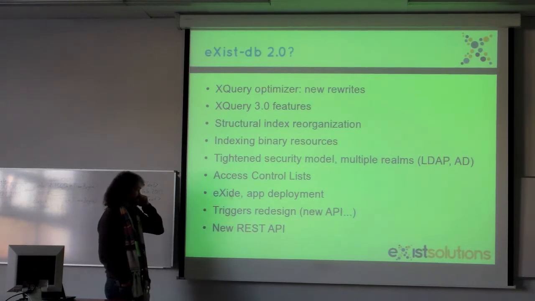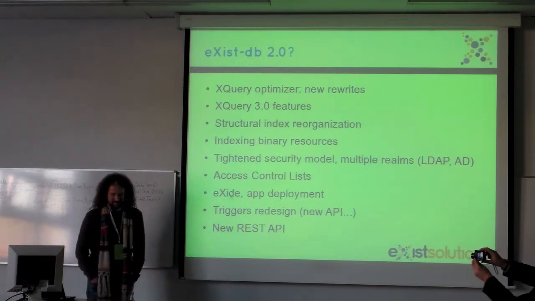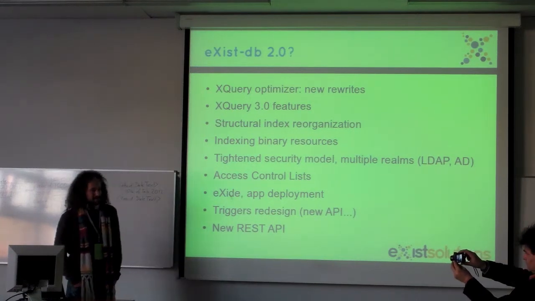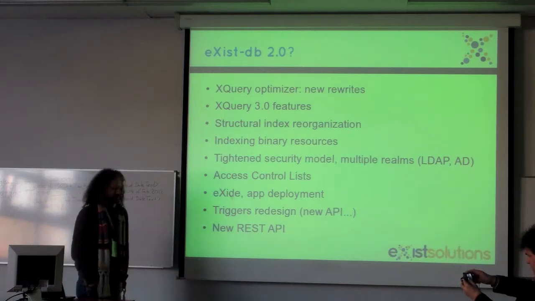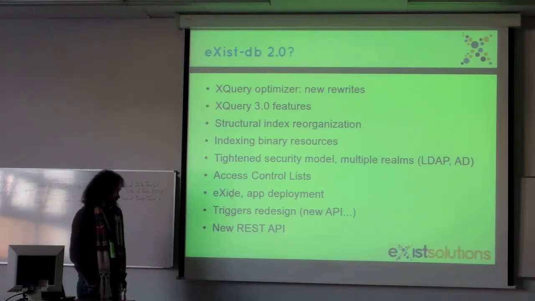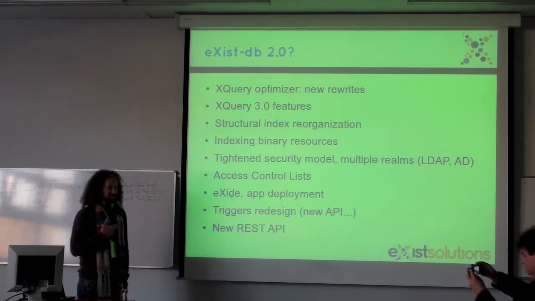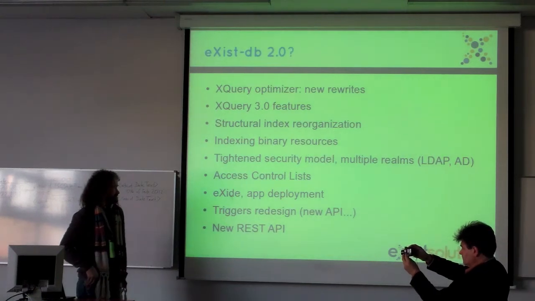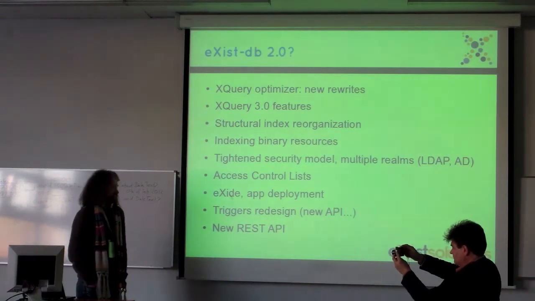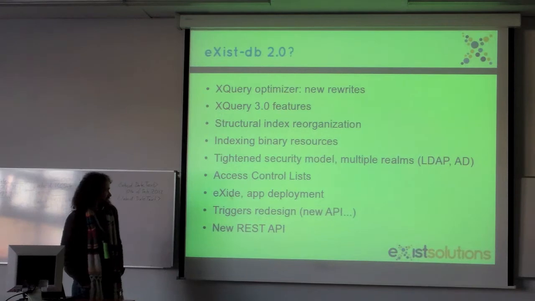Then we have two ways to deploy apps and to develop apps. We did a lot of thinking about how we could simplify the whole application development experience, and most of this really surfaced from real projects we were doing, where we saw where the problems are.